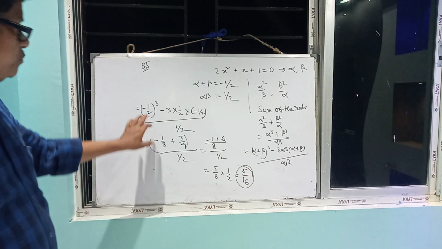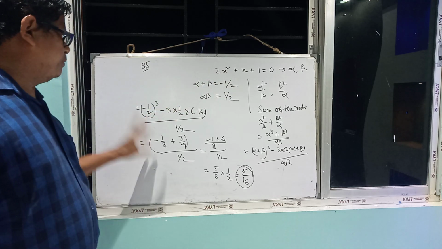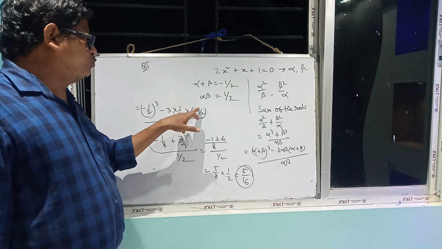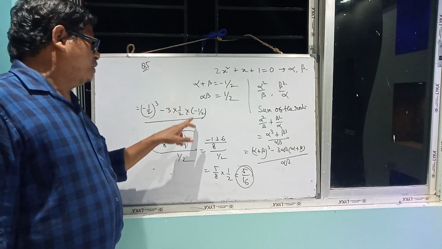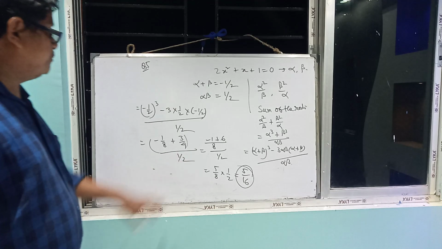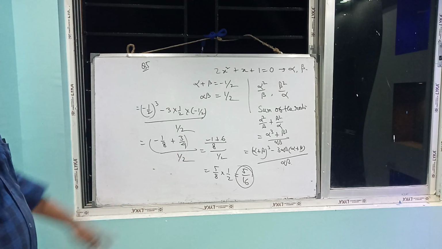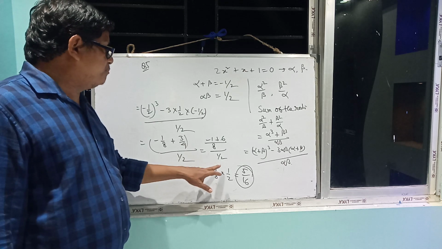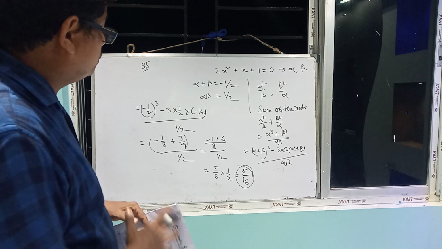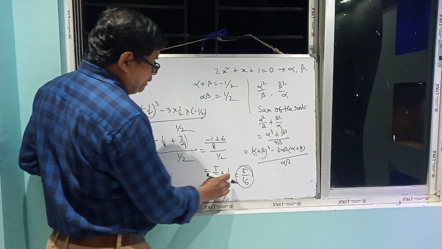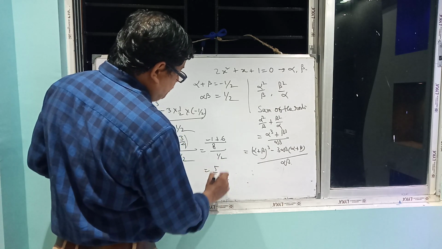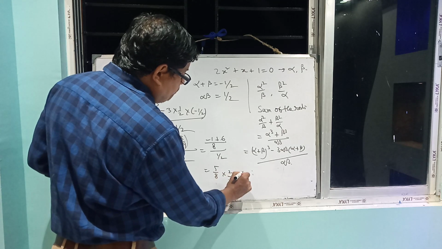Alpha plus beta whole cube, this will be minus 1 by 8, minus 3 alpha beta half into this minus half, so it will be 3 by 4 plus 3 by 4. Now simplify, the same 8 is there, minus 1 plus 6 by 8, so it will be 5 by 8 by half. 5 by 8 by half means 5 by 8 into 2 by 1. So it will be 5 by 4.